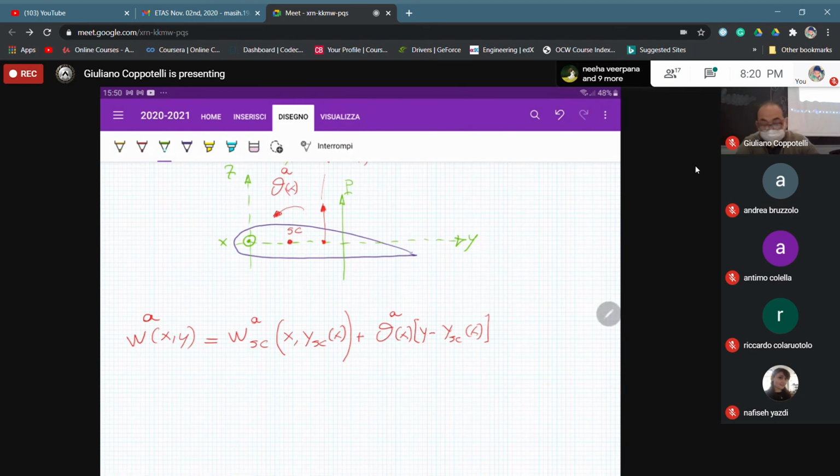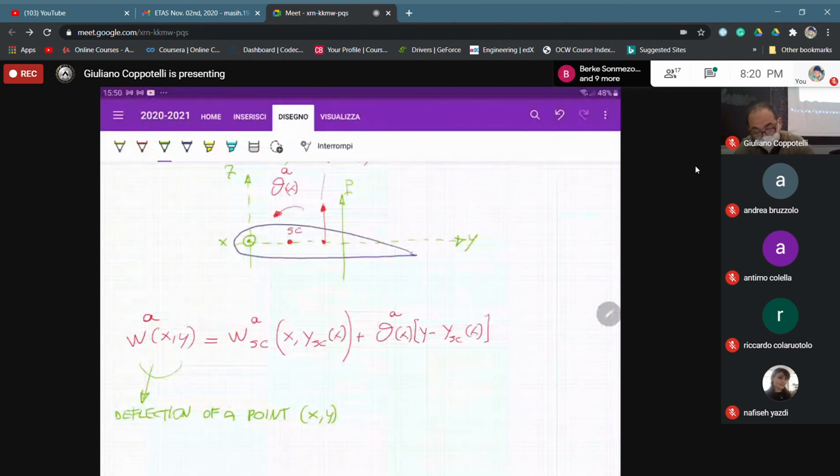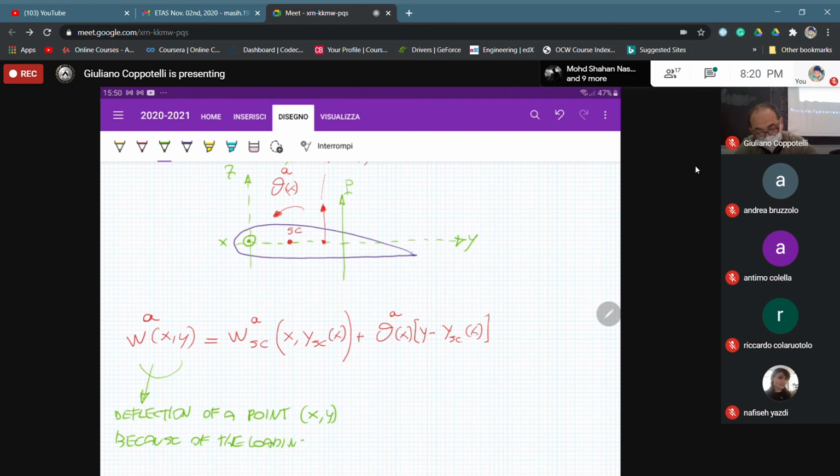So what is this first term? Let me rewrite that. It is the deflection of a point with coordinates X, Y, because of the loading P, in a position A, that is our A, located in A, and that is what I mean by the loading condition A. And let me write it here.